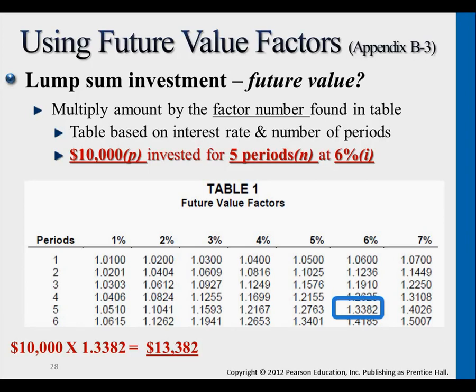Check this number, 1.3382. What is this number? That's your 1 multiplied by 1.06, five times. So how can this be any different? I'm just thinking it's the number of decimals that can be different, but mathematically it's impossible, I'd say.